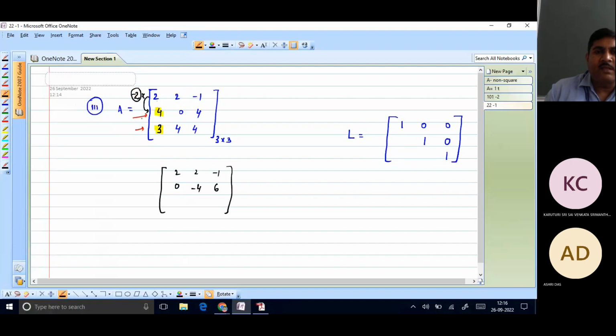Again, I want to kill the element in the 3 1 position, to make it 0. So I will multiply -3 by 2 to the first row and add it to the third row. So 2 getting cancelled, -3 plus 3 I am getting 0.